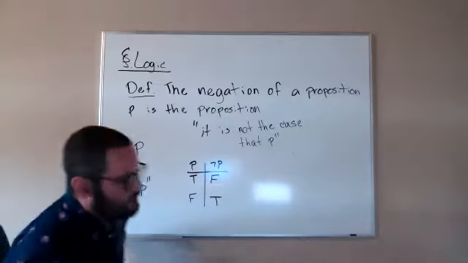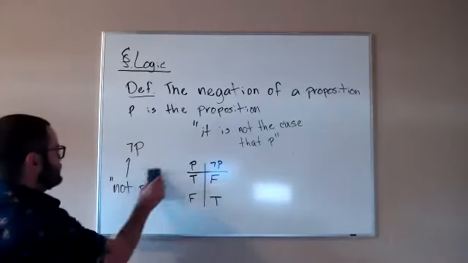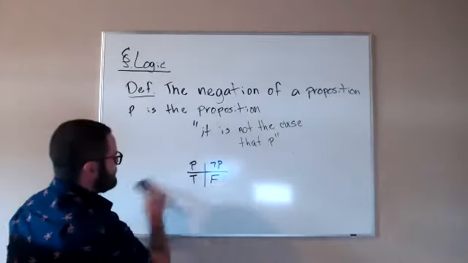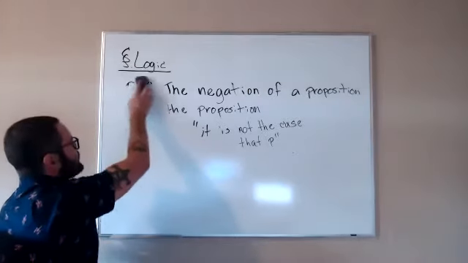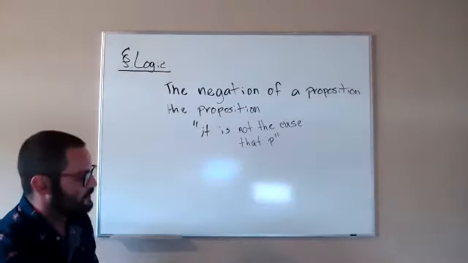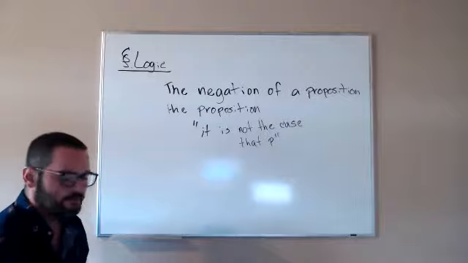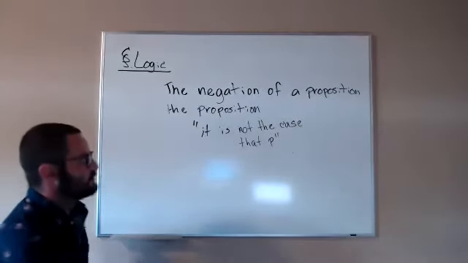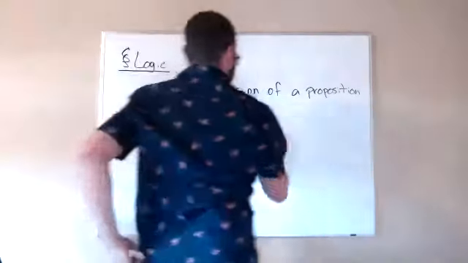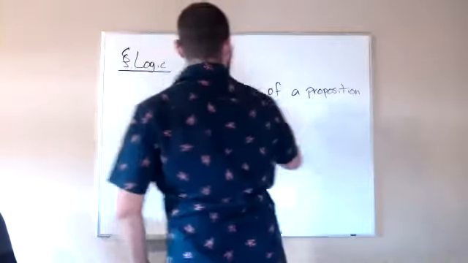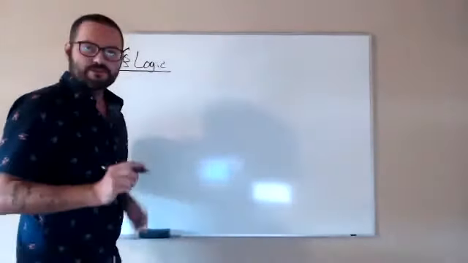Okay, so now that we have this operation here, I'm going to define the rest of the operators that we'll be dealing with when considering logic. Okay, so it's going to take me a second to write down.